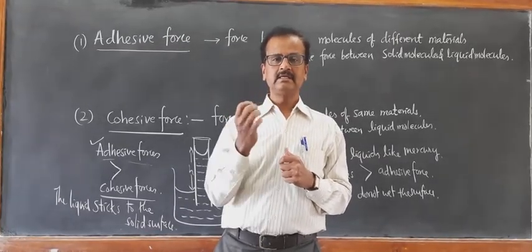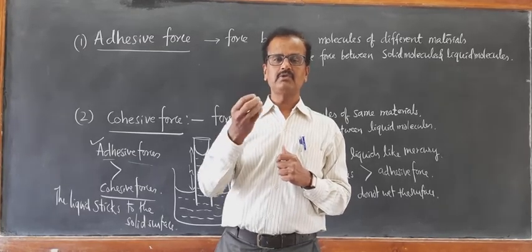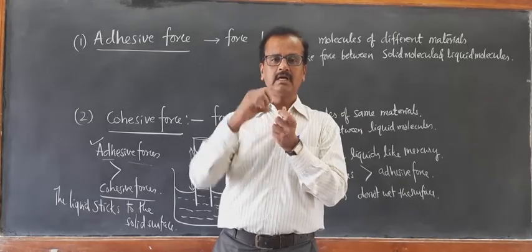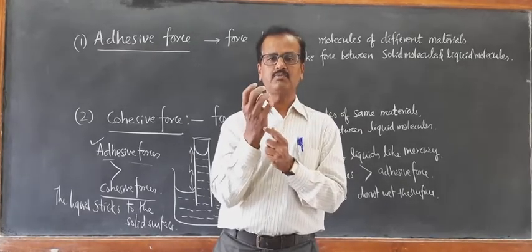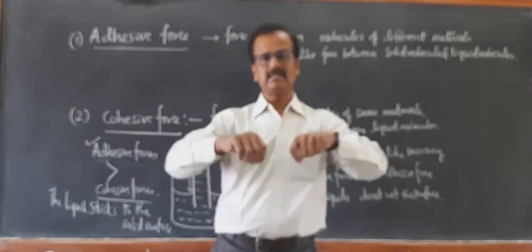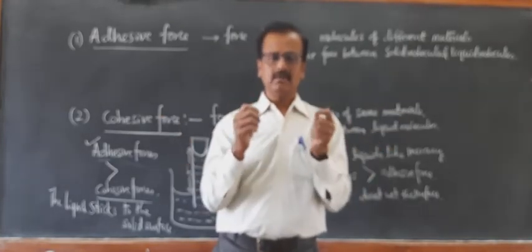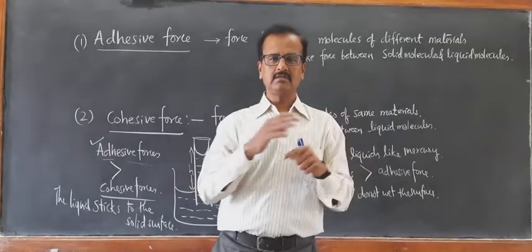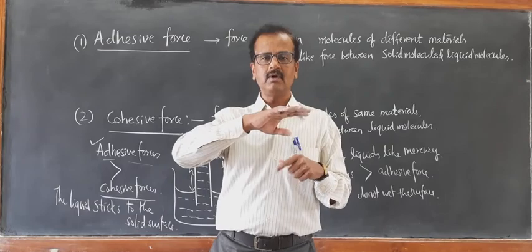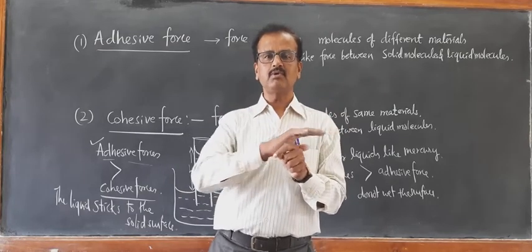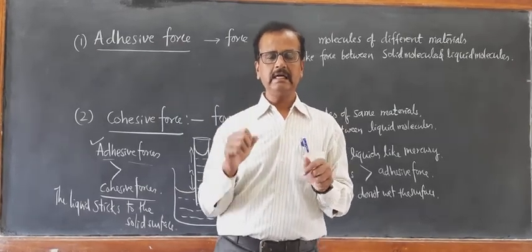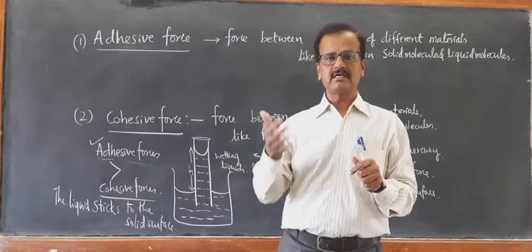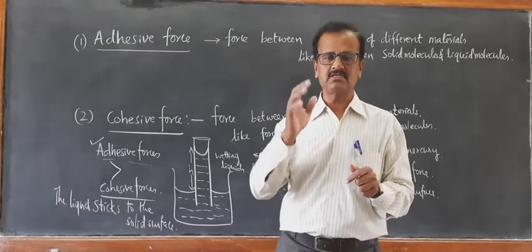As a result, there is interaction between the detergent molecules and the greasy spot, and the greasy spot will be slowly taken out, and they form suspended greasy spots in the solution. Once it is taken out after some time, and washed thoroughly with running water, then the greasy spot will be washed away. So by adding detergents and soap into the water, the surface energy is reduced, the surface tension is reduced.